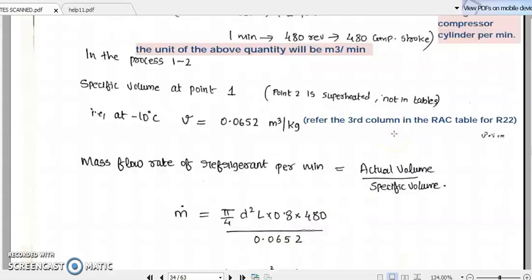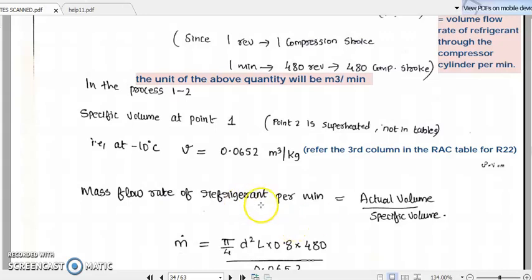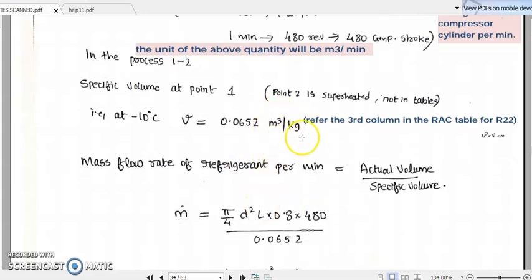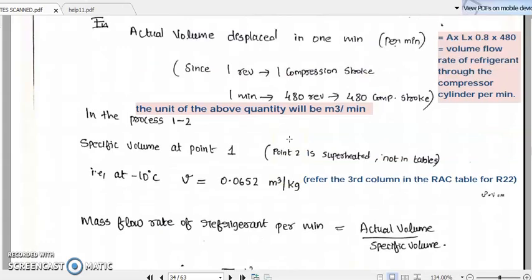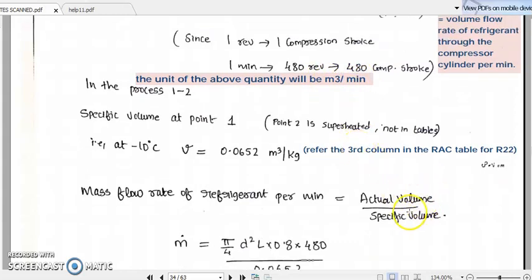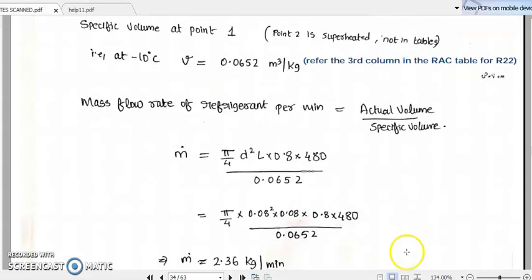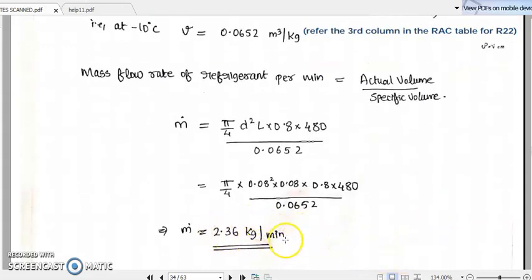The unit of specific volume was meter cube per kilogram, and the unit of actual volume was meter cube per minute. So meter cube per minute divided by meter cube per kilogram gives the mass flow rate as kilogram per minute. So solve this and find out the answer.